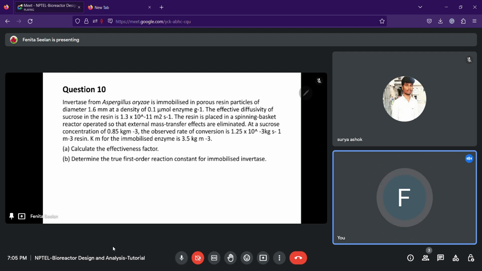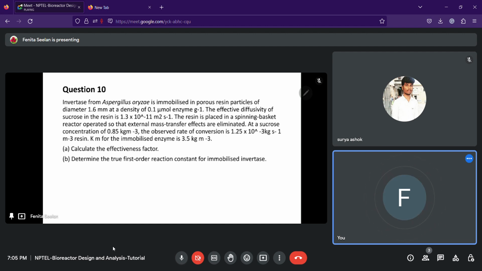The invertase from Aspergillus oryzae is immobilized in porous resin particles of diameter 1.6 mm at a density of 0.1 micromole enzyme per gram. The effective diffusivity of sucrose in the resin is 1.3 into 10 power minus 11 meter square per second, and the resin is placed in a spinning basket reactor operated so that the external mass transfer effects are eliminated.